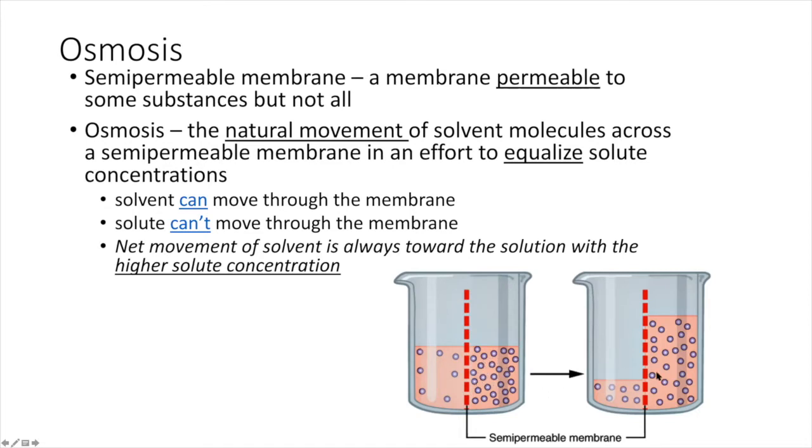And so the amazing outcome of that is actually you end up with a different water level in this beaker. And so in order to equalize the concentration, the solvent molecules from the left side go to the right side, increasing the water level on the right, decreasing the water level on the left. And the outcome would be, if you just let this occur naturally, that you have the same solute concentration after the process of osmosis is done, after it's reached a steady state.